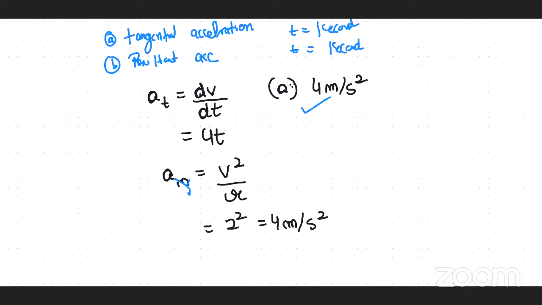You have to find the resultant of both. The resultant. So they're acting at right angles. एक tangential है, एक radial है. Yes sir. Find the resultant.